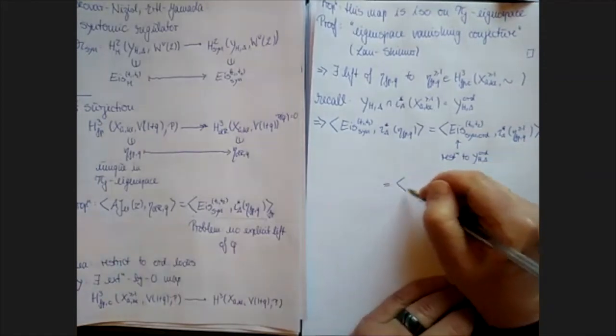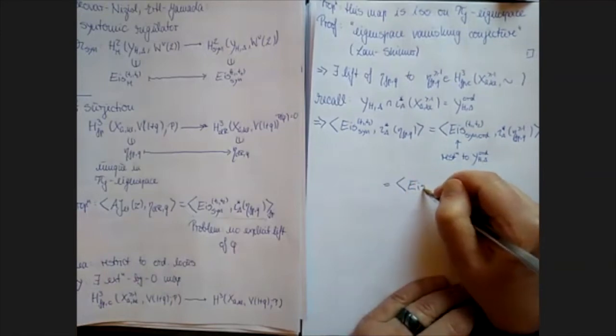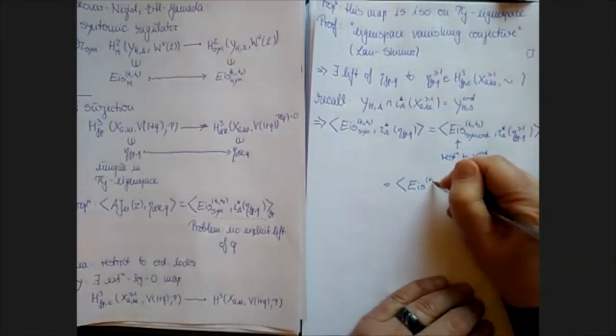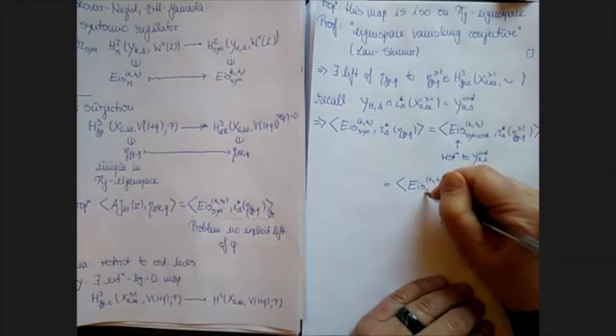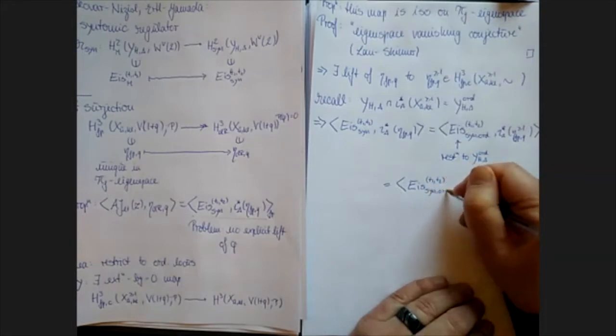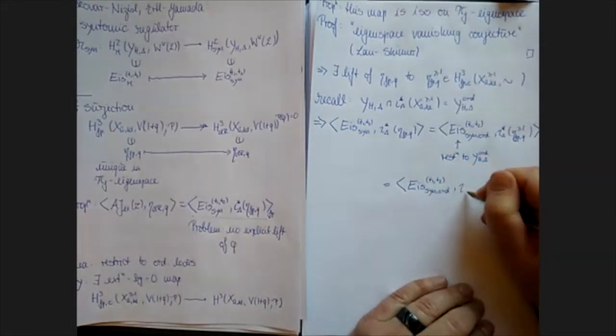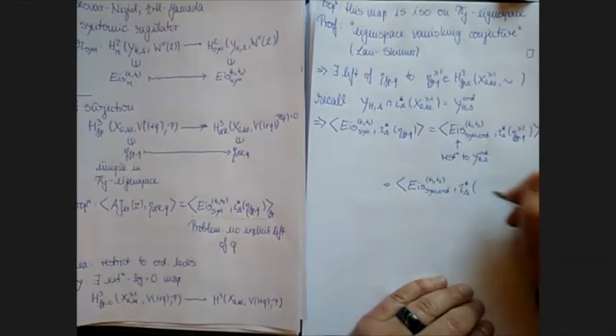So this here is the same as pairing this Eisenstein class to the pullback of the restriction, well, I write this here as eta odd fpq.